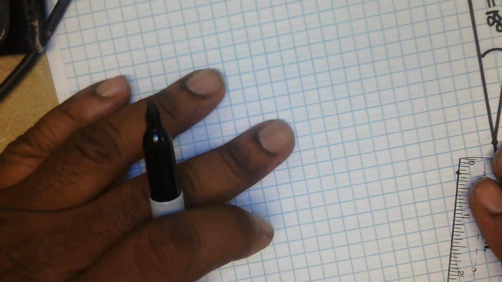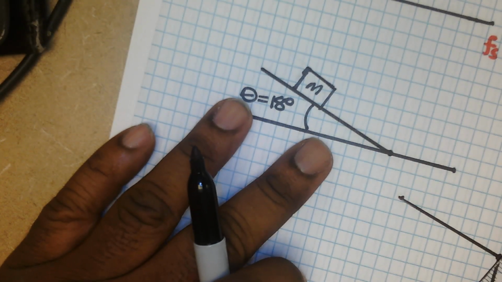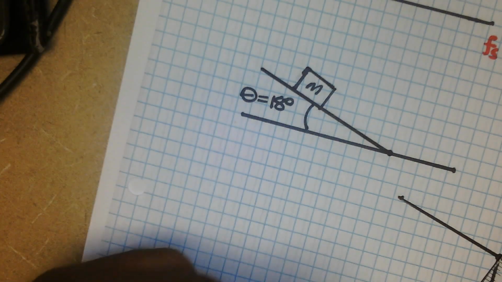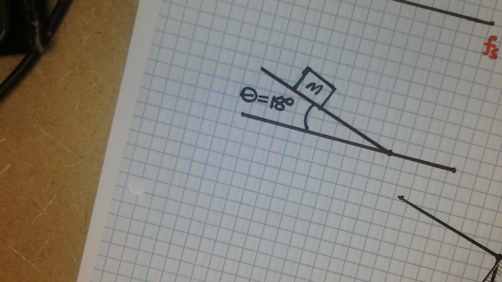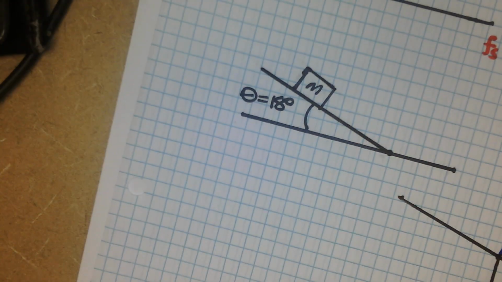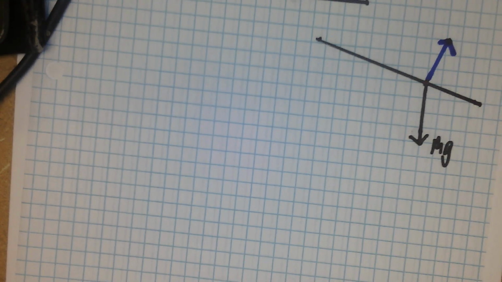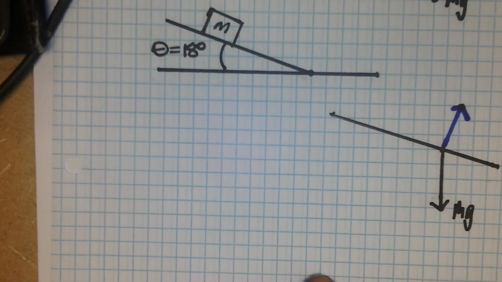Let me go ahead and draw that. Okay. So 90 degrees from that gives me this guy. That guy right there. Normal force is perpendicular to the surface.